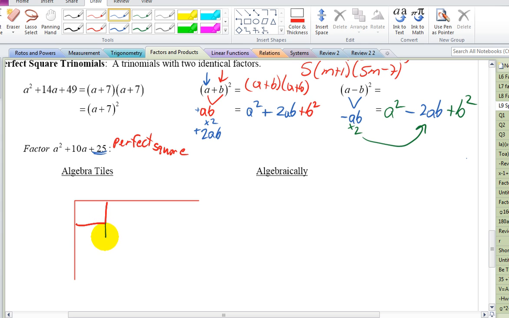You're all saying it. 1, 2, 3, 4, 5. So there's 25. Then figure out your x's. 1, 2, 3, 4, 5. Different orientation. So the factors now are up top.